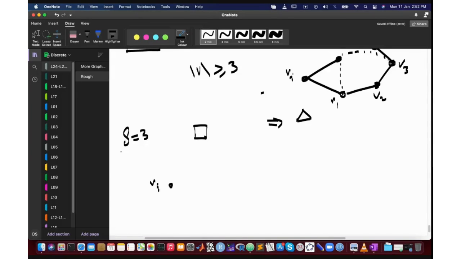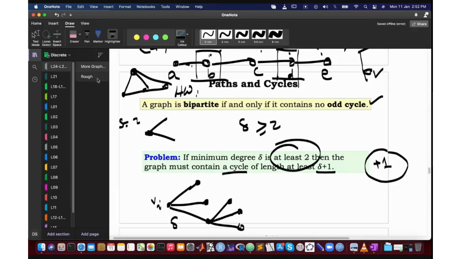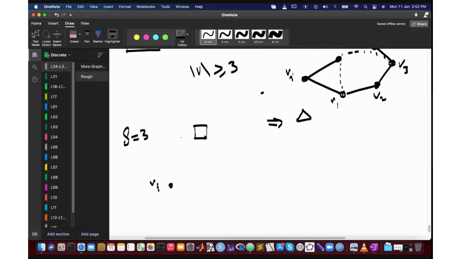Can you repeat? I said if we have a known minimum degree of a graph, we can say that at least delta plus 1 vertices exist in that graph. Yes, but it's not implied that the graph is connected. That is not written anywhere here. But there are 4 vertices in this graph, right?